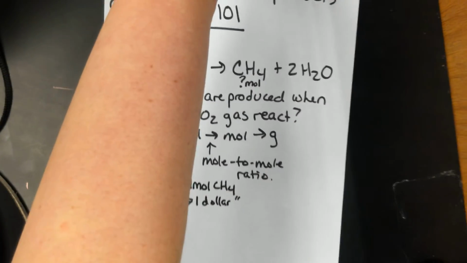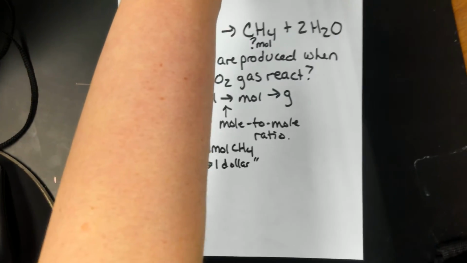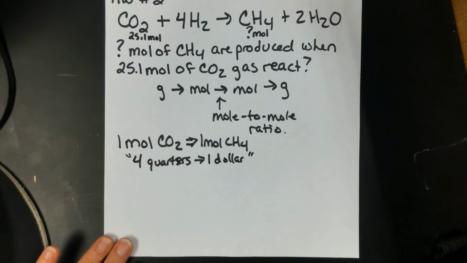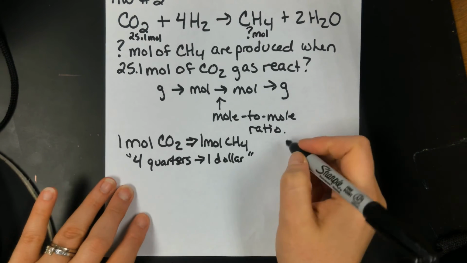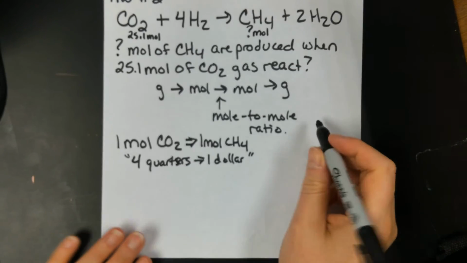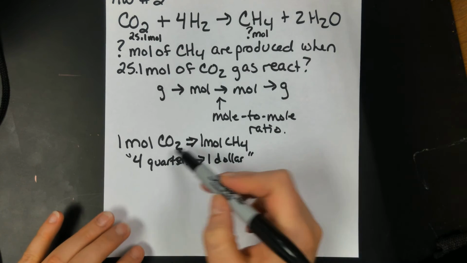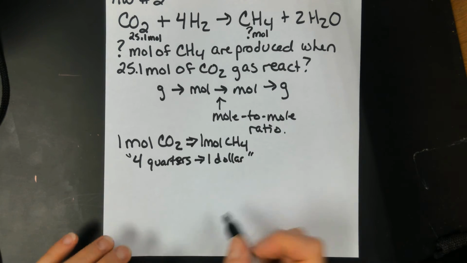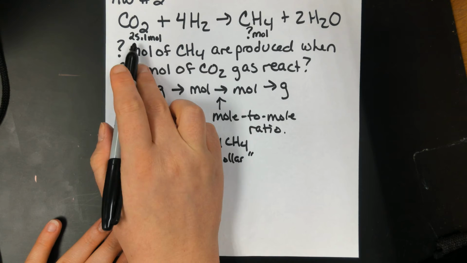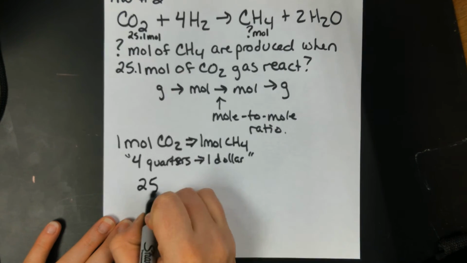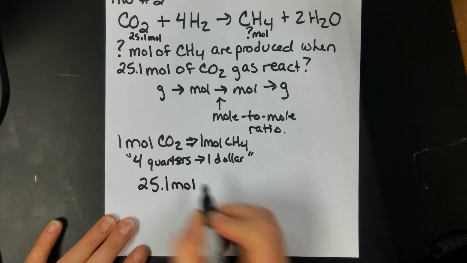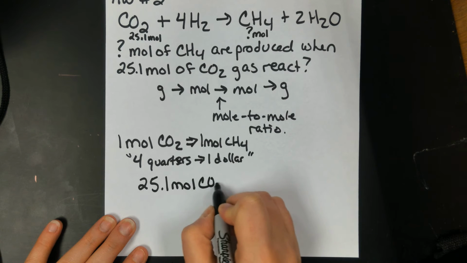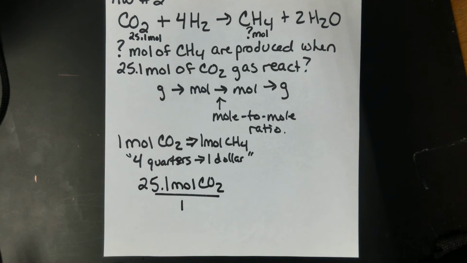So moving on down, giving us some room. I know that this is now a ratio that I can use to convert. So what do I always say? Start with your given, put it over 1. So 25.1 moles of CO2, over 1.